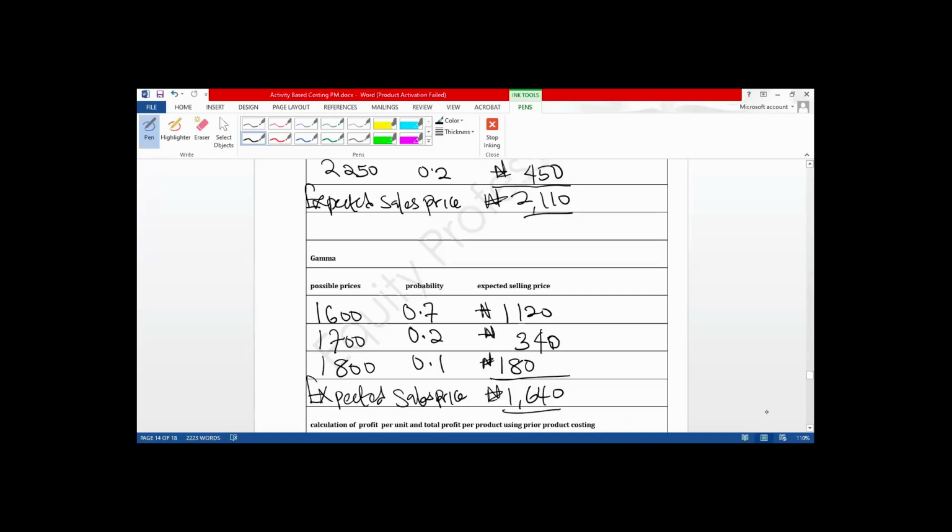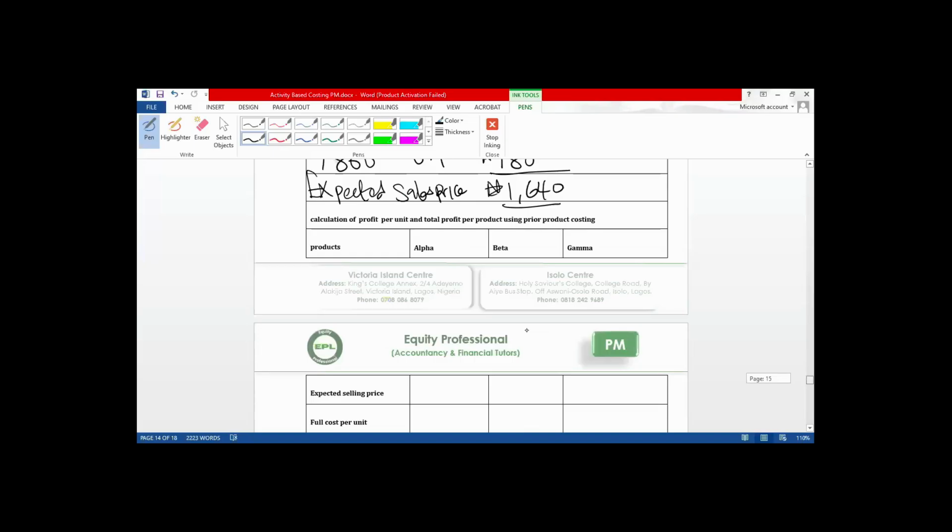Now the profits. Calculation of profit per unit and total profit per product using prior product costing. That is the traditional approach. To get your profit, expected selling price minus full cost per unit.